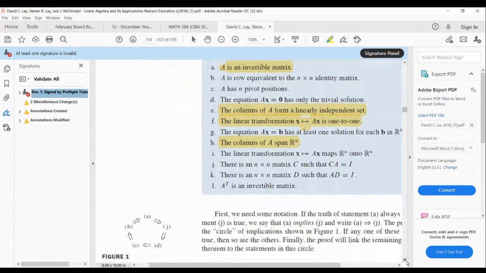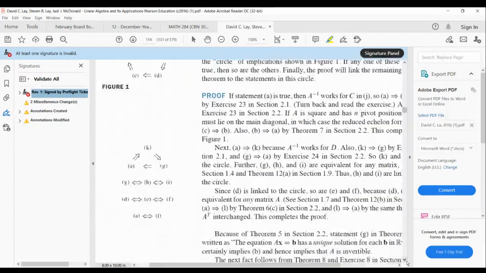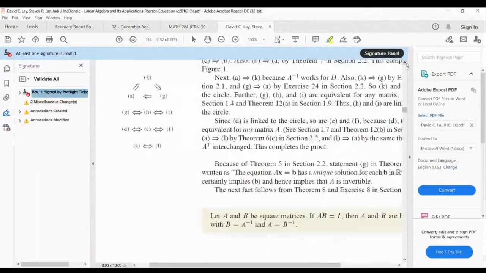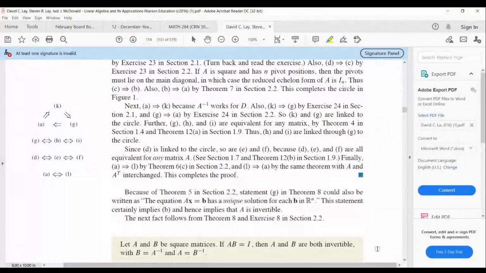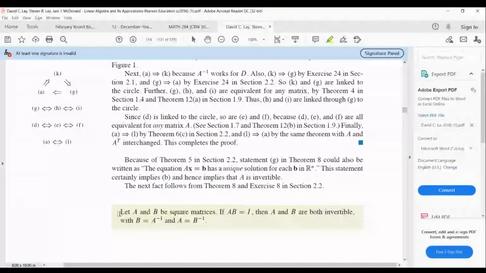They give a big proof of this theorem, but we're going to look at a few aspects of that theorem and try to prove a few things. But here's another fact that's important.